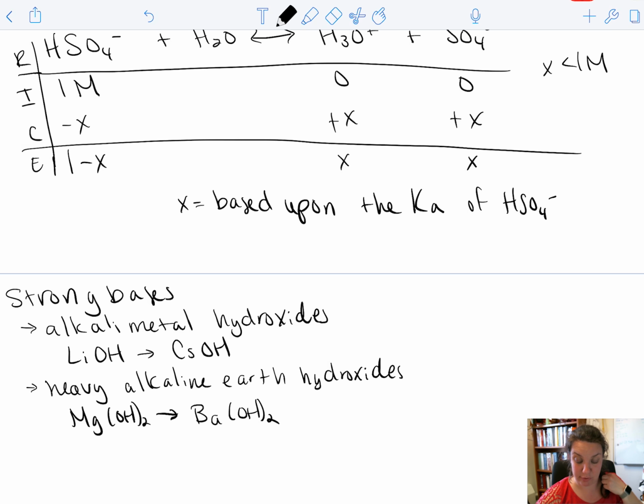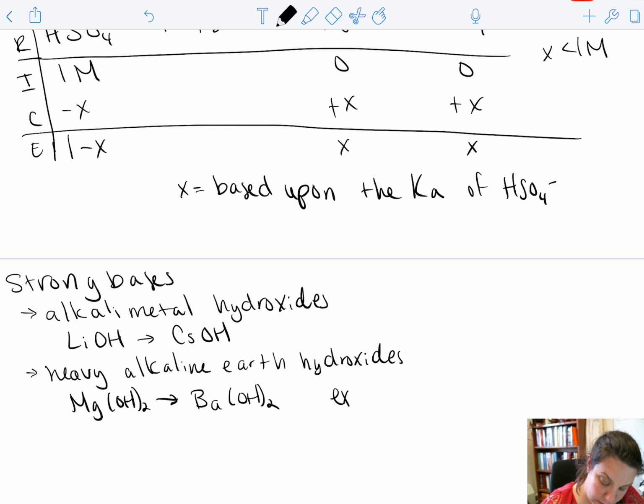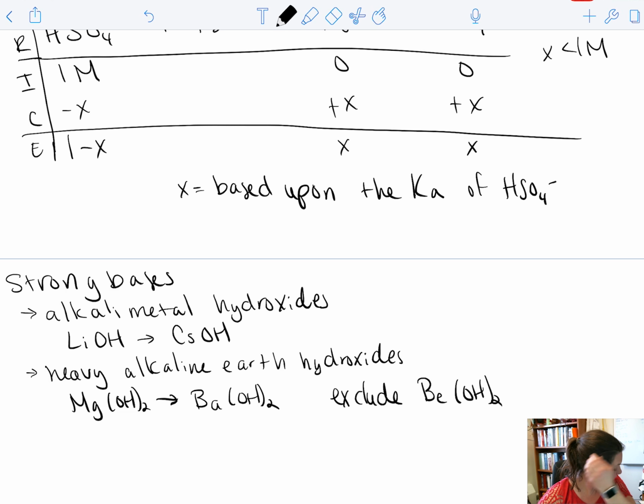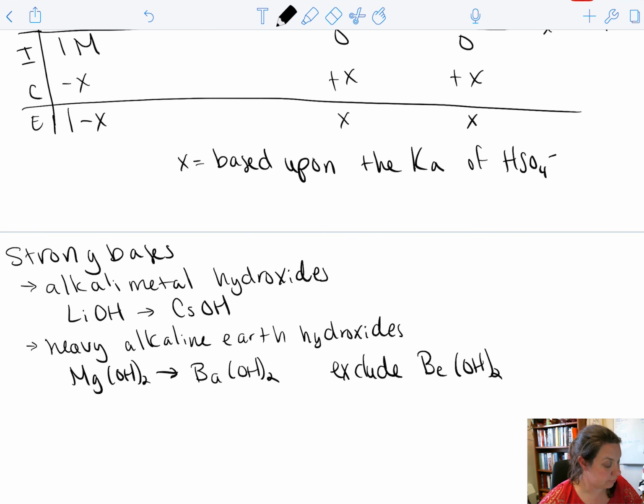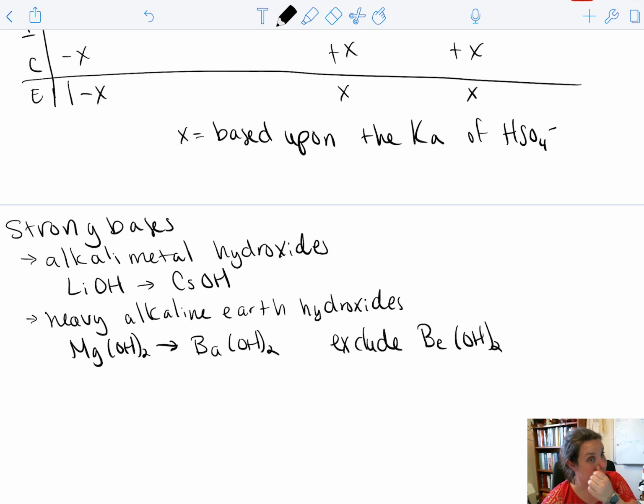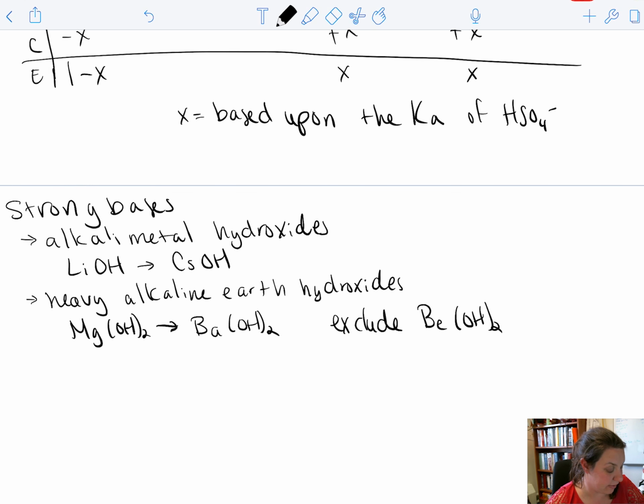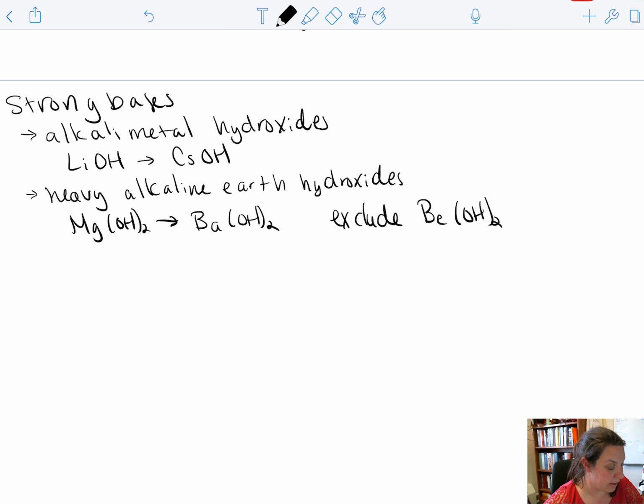So we will exclude beryllium hydroxide. Okay? So again, these you must memorize. Anything else, any other base would be considered a weak base, or any others that you guys will see.